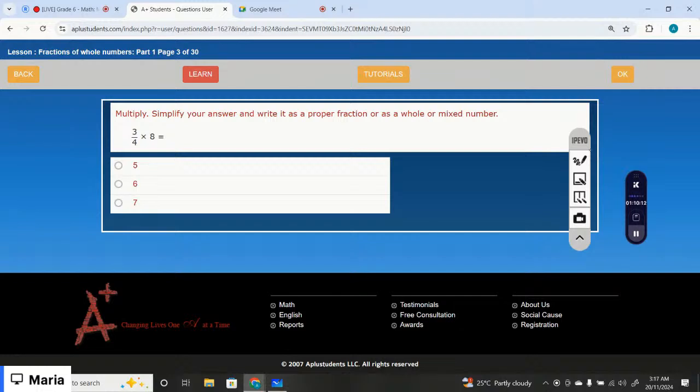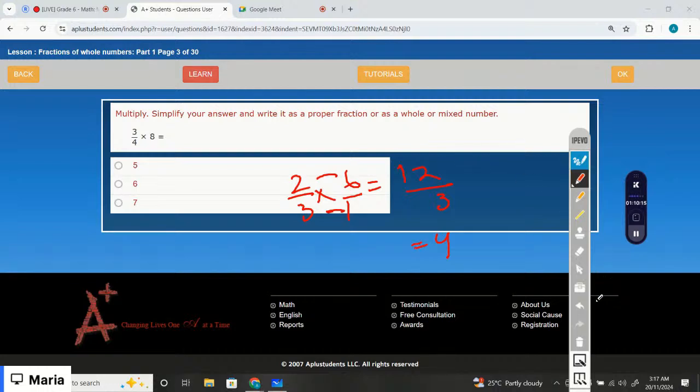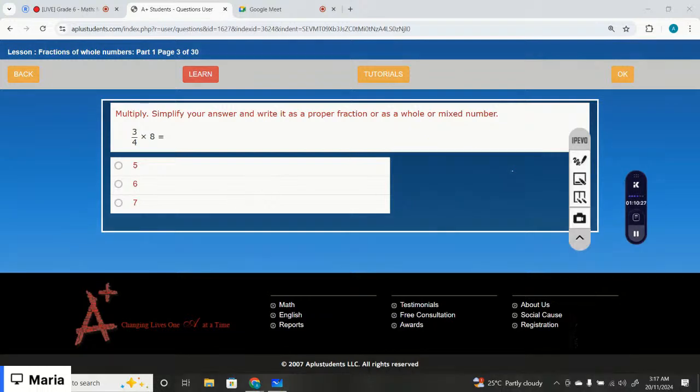No one is answering. Why? You have to do numerator times numerator, denominator times denominator. 8 times 3 is 24 and 4 times 1 is 4. So 4 times 6 is 24. Option number 2 is the correct option. That is 6.